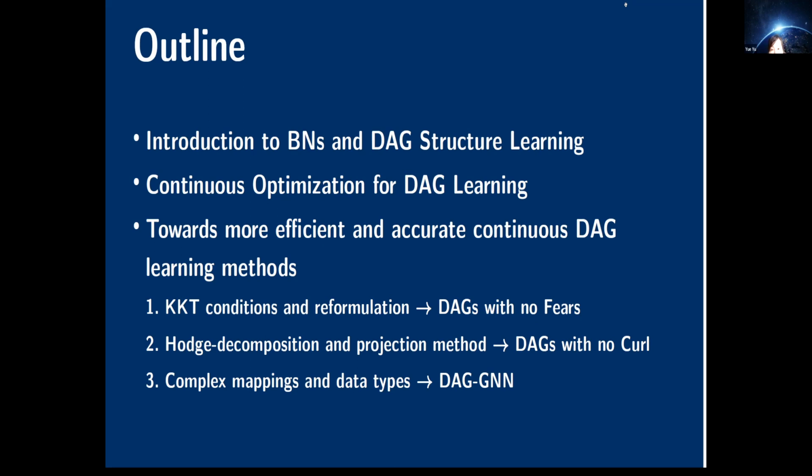Then I'm going to talk about some benchmark methods in Bayesian network structure learning, or DAG structure learning in short. And then one of the new methods, a new breakthrough in this area, is the so-called continuous optimization method. Then I'm going to introduce three of our recent works on trying to improve the efficiency and accuracy for the continuous DAG learning methods.